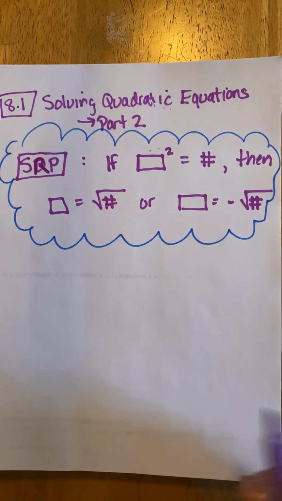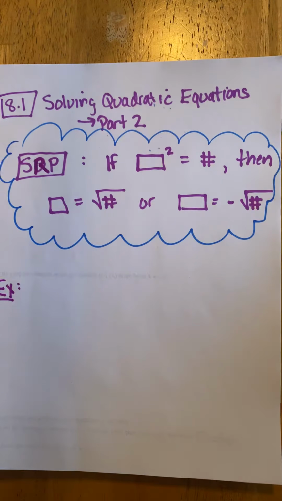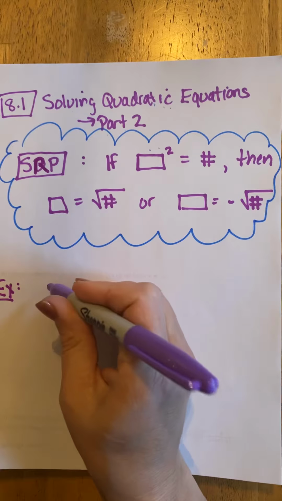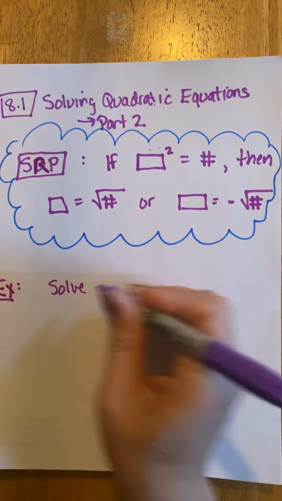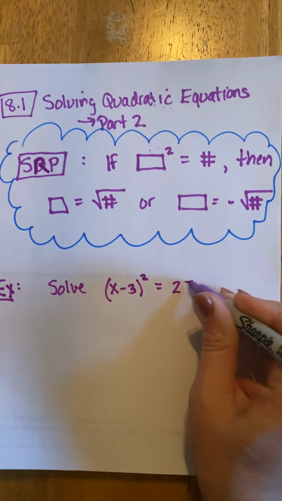So let's do another example. Let's suppose we had: solve x minus 3 squared equals 25.